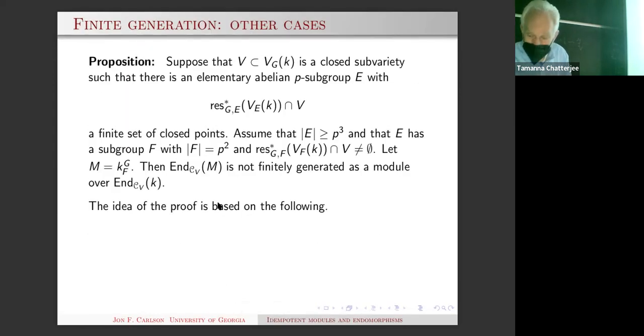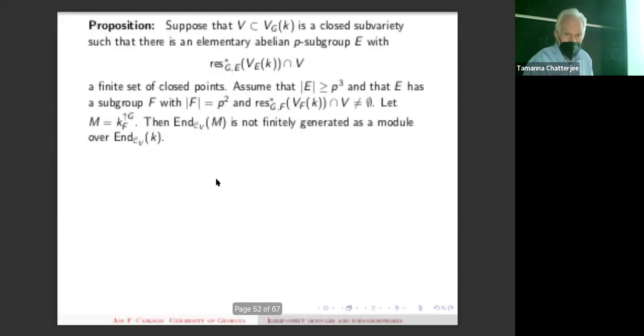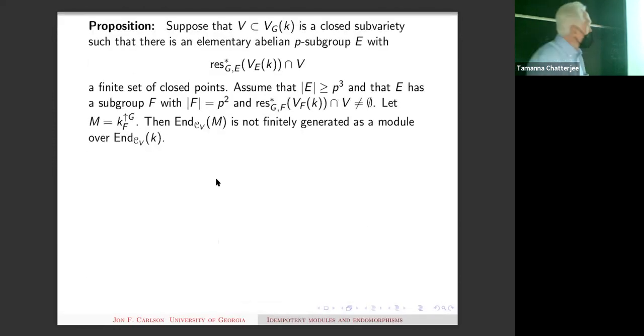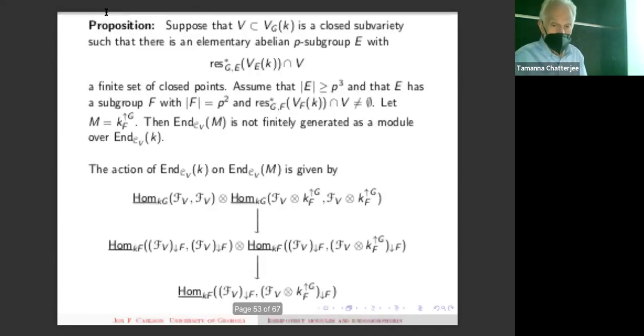Okay, so at any rate, that's basically what it is: if you restrict negative cohomology in elementary abelian groups, then you always get 0.